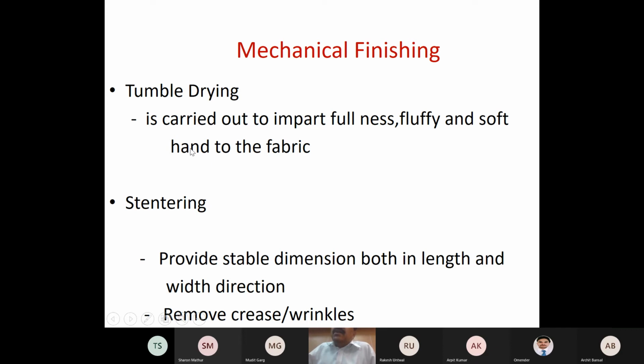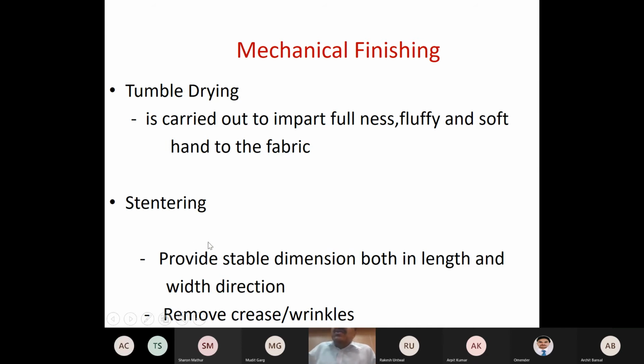The purpose of tumble drying is to give fluffiness, bulkiness or softness to the fabric hand. So the towel, after scouring, desizing, washing and drying, normally goes through a tumble drying process to make the towel fluffy with a soft feel.